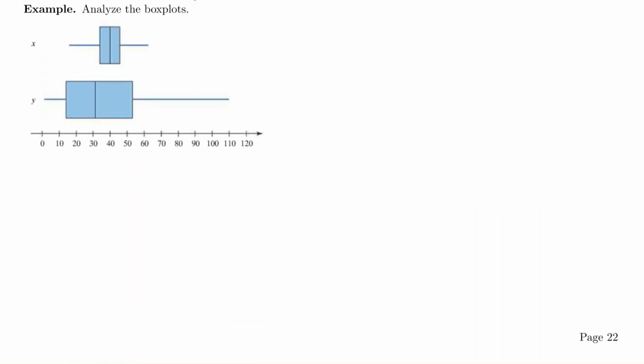So let's look at this problem. Analyze the box plot. We have 2 box plots in this example. First, let's determine their shapes. X is symmetric, whereas Y is more skewed right.